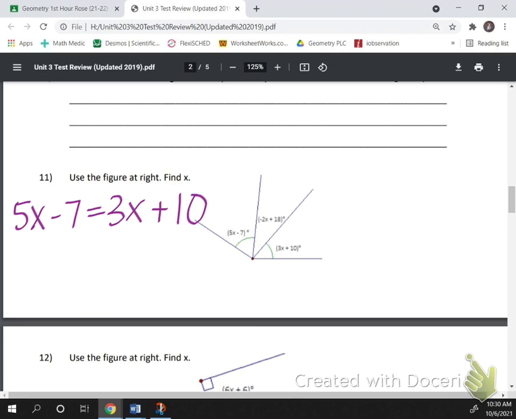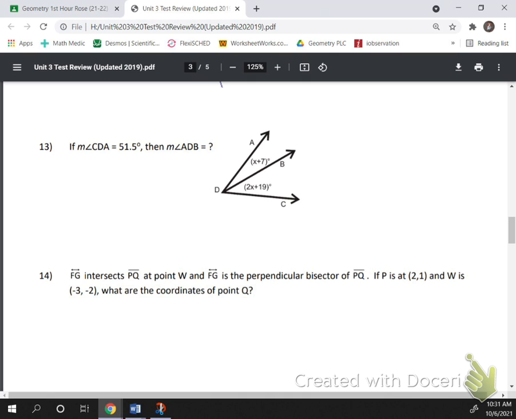Can I show you 13 and then we'll get back to work? You ready for 13? 13 is angle addition. It says the big angle CDA is 51.5 degrees. What's the equation I should write?